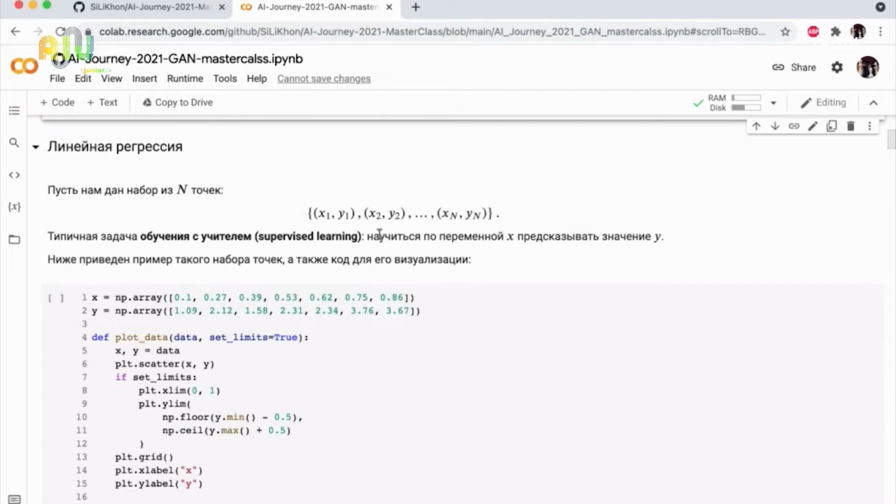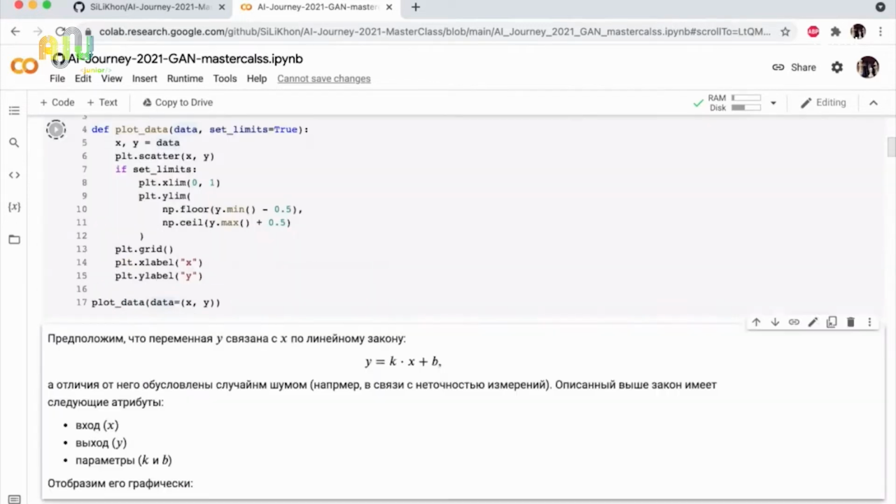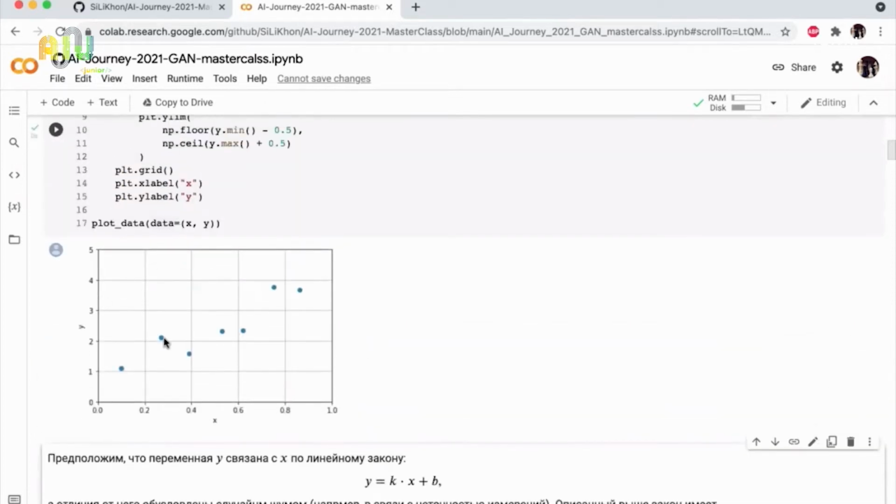The task for supervised learning is to predict the y variable by the x variable. Let's take an example of dots. I just put random dots here. Let's try to build a model to predict y values by x values.